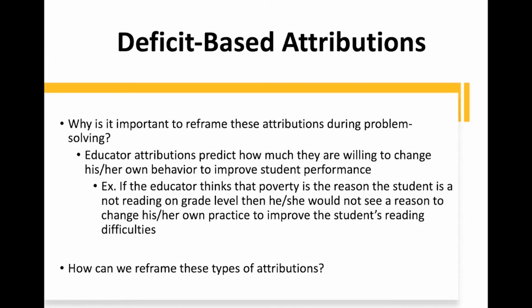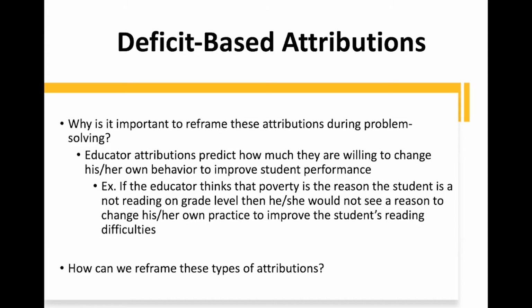If I think the problem is that Johnny lives in poverty, what am I going to do about that? Why would I change my practices? If Johnny's Black, and Black students struggle, why would I change my practice when I know Black students struggle? The logic of the thinking is, this is not my problem.